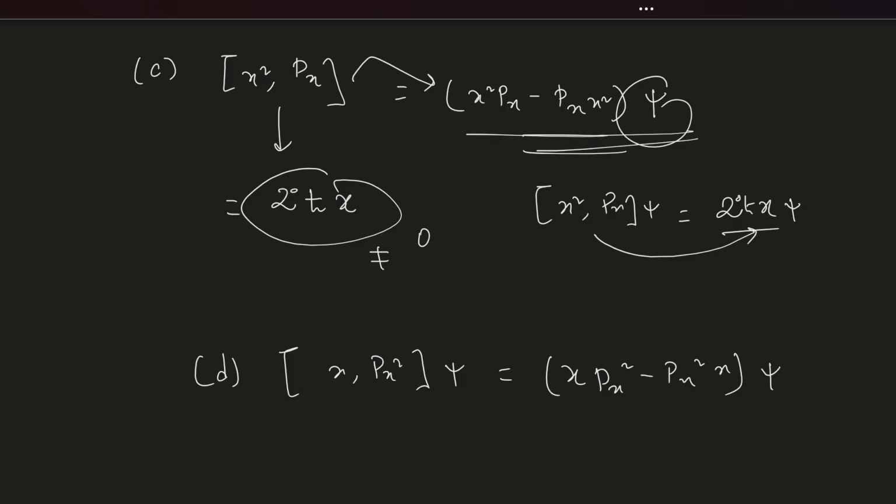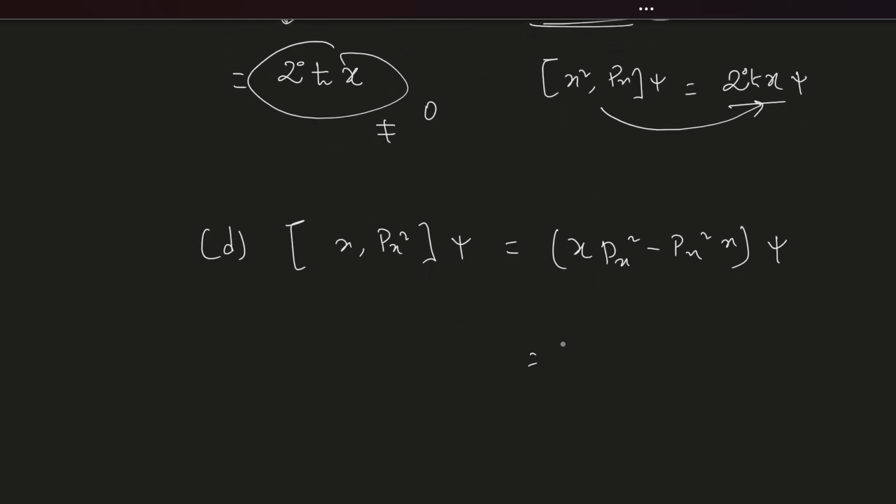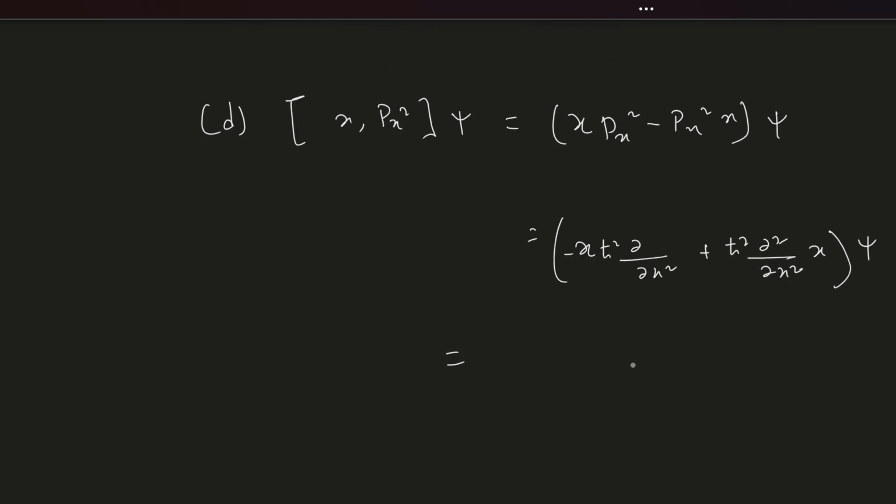So i squared is minus 1 and h squared is h squared, and this is del 2 del x2. So this is minus h cut square del 2 del x2 x on psi minus minus plus h cut square del 2 del x2 x on psi. The x on psi operator will give you x psi only.